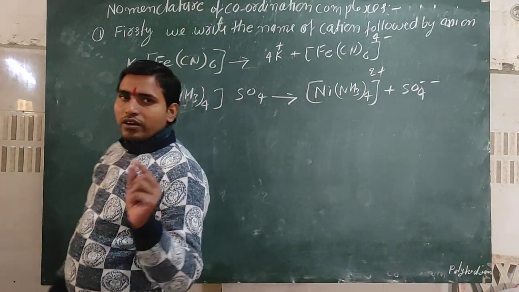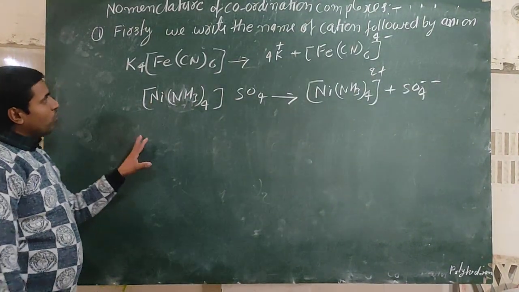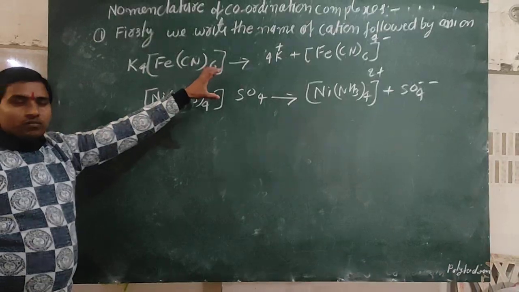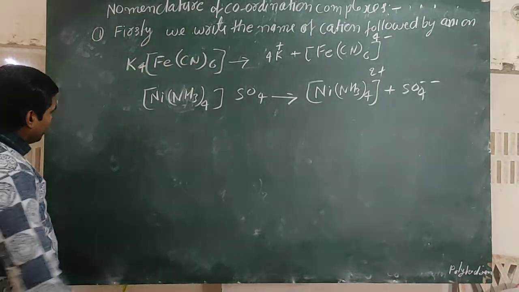So firstly we write the name of the cation. It is the first rule for the nomenclature of coordination compounds.